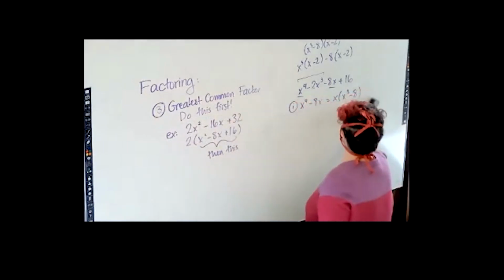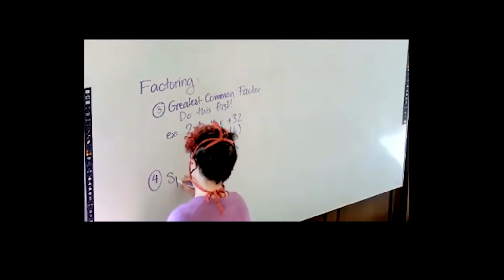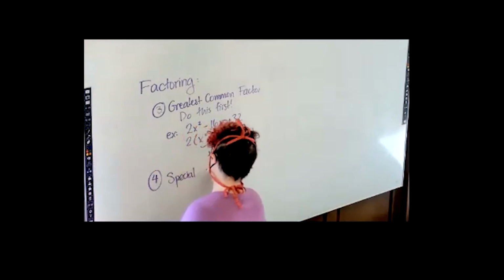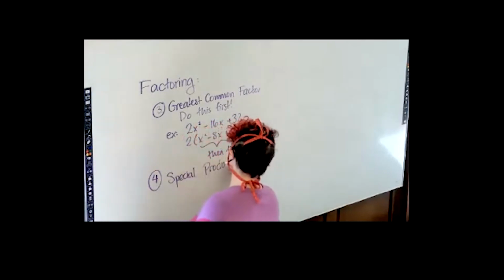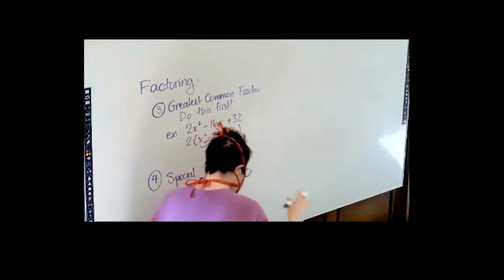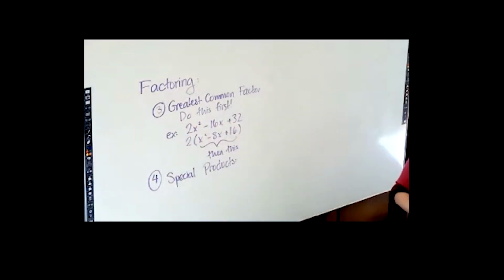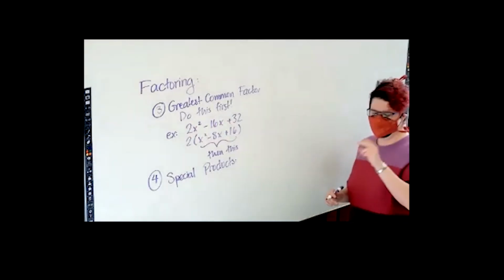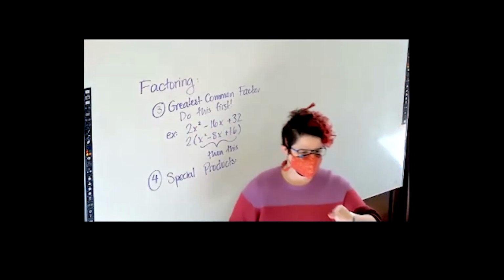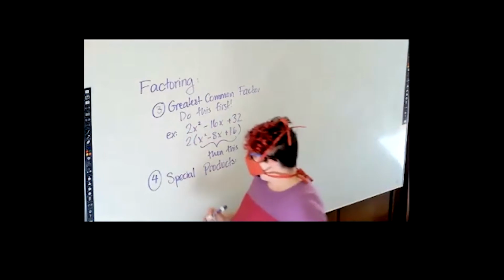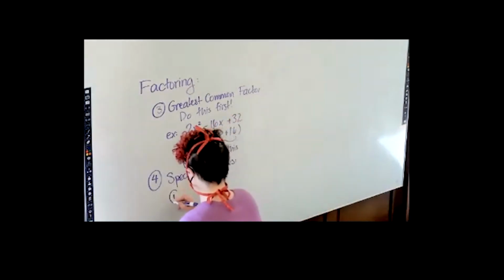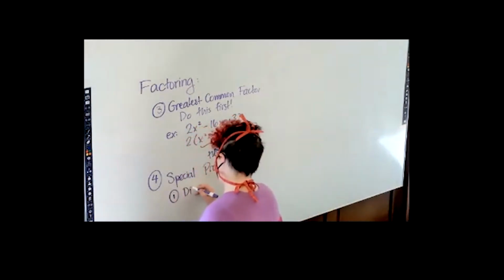The 4th thing, special factors or special products. There are a few things that you should ideally be able to factor immediately. The first one is called the difference of squares.